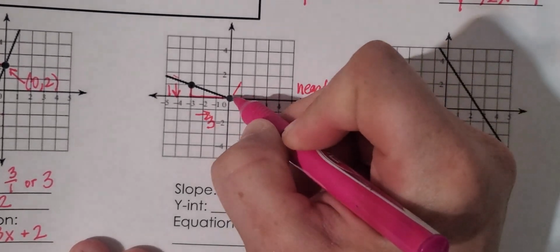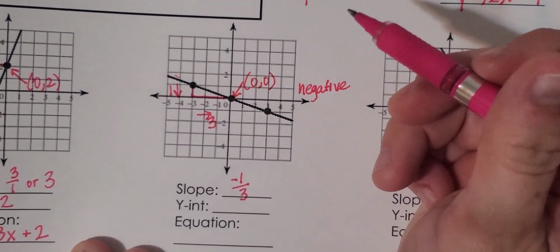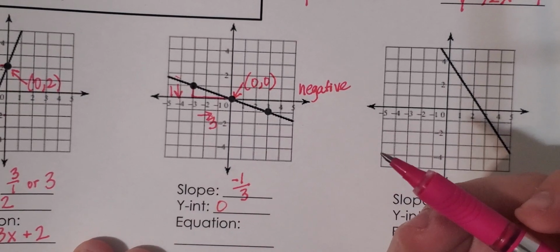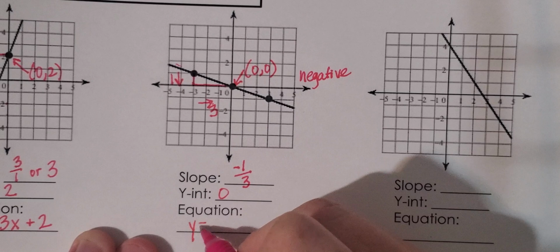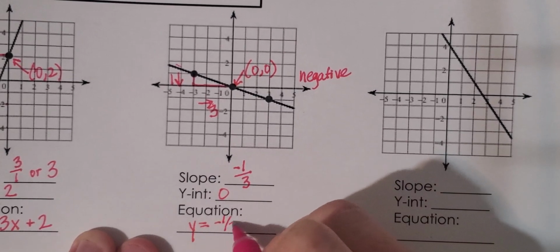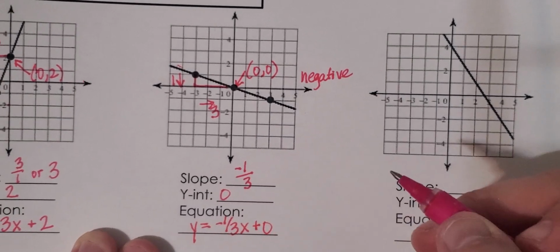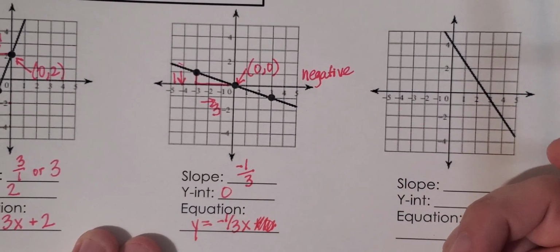Then my y-intercept is at 0, 0. So that means my y-intercept is going to be 0. Then I would start my equation with y equals negative 1/3 x. And then if I want to put my plus 0, I can, or I don't need to add that part on to my equation.